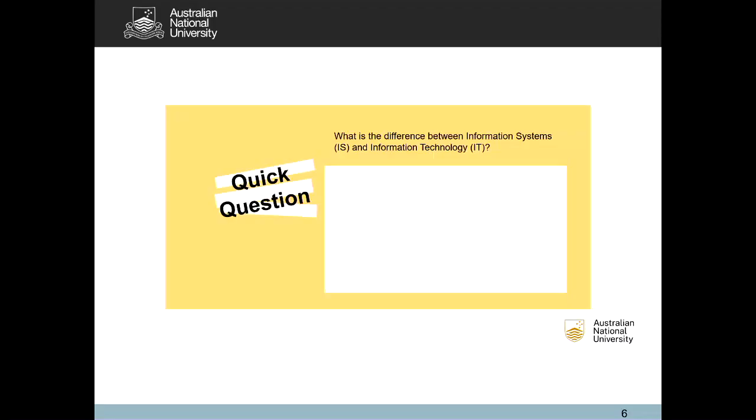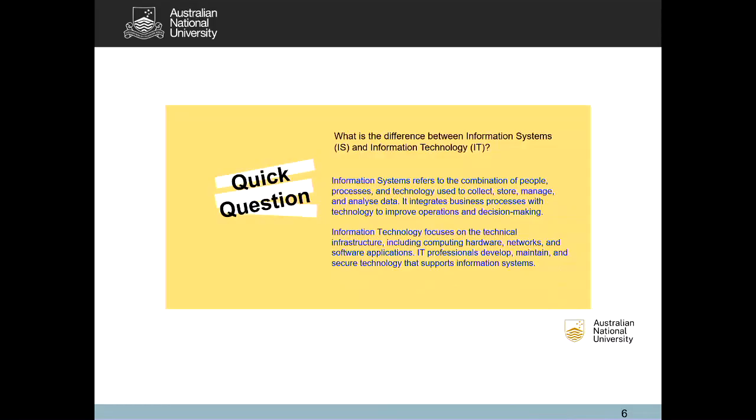Information technology is a tool. So information system is the umbrella term, and information technology is a subset of that term. And it's only a tool. Information system refers to the combination of people, processes, and technology used to collect, store, manage, and analyze data.